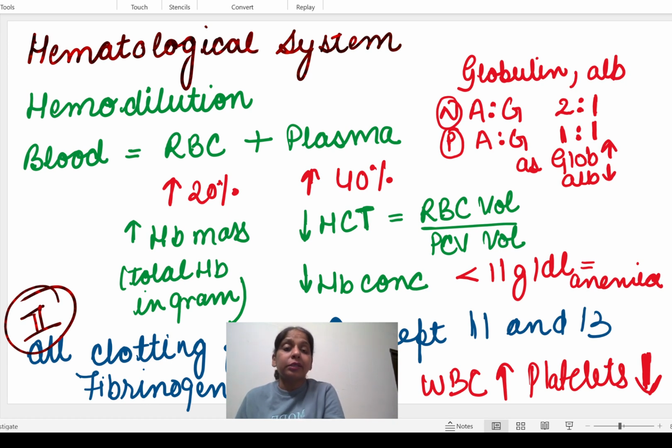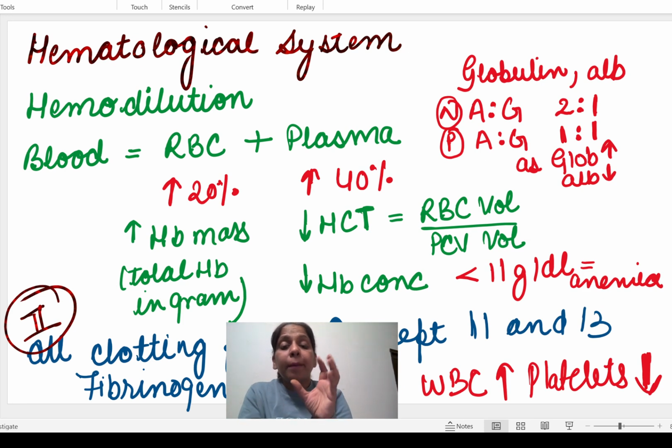Now let us see what the physiological changes in pregnancy are in the hematological system. When we were studying, we were just told that hemodilution occurs. Here I would like to tell you that we all make kheer in our home.